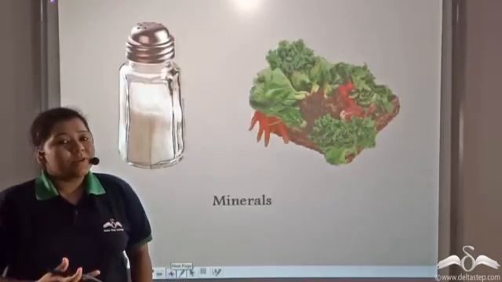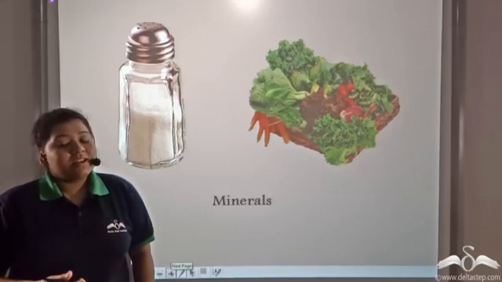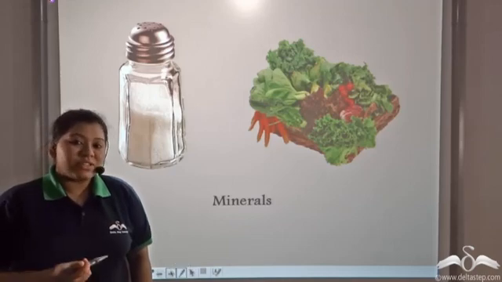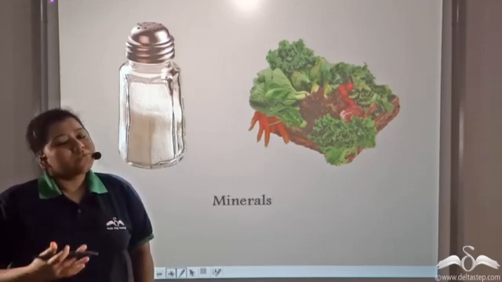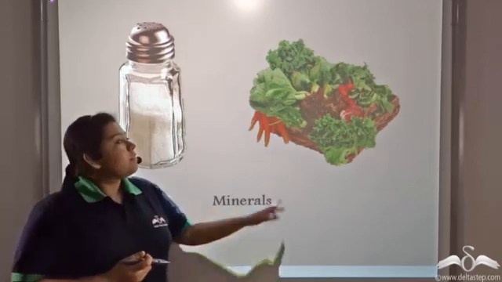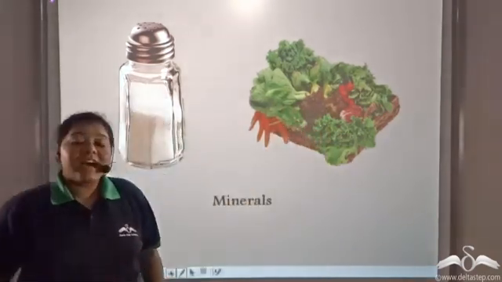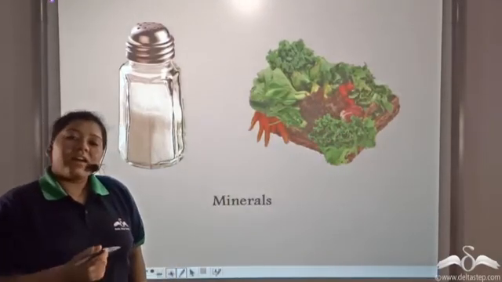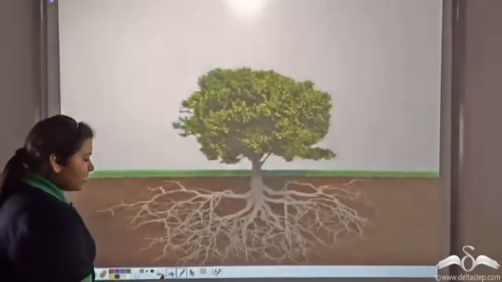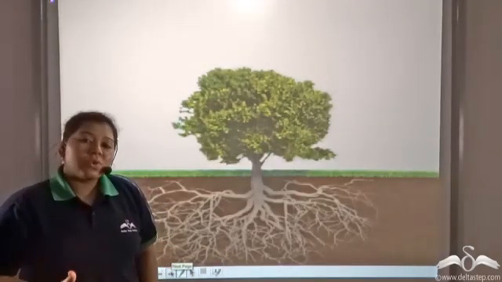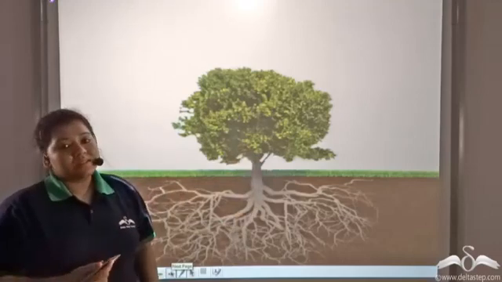Now, for a healthy body, along with water, we require minerals, which is a very essential nutrient. Now, where do we get the minerals from? Yes, vegetables have high mineral content. Now, vegetables are a part of a plant. So, now can you tell me, what is the source of minerals for the plants?